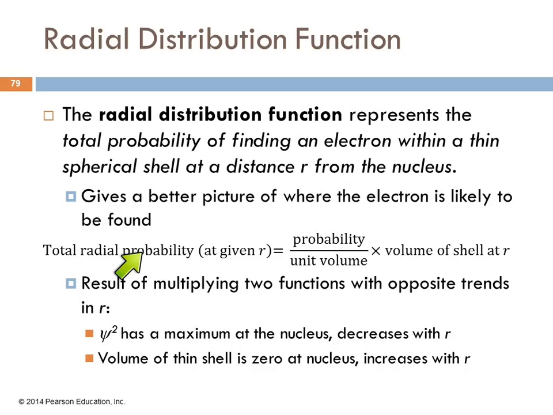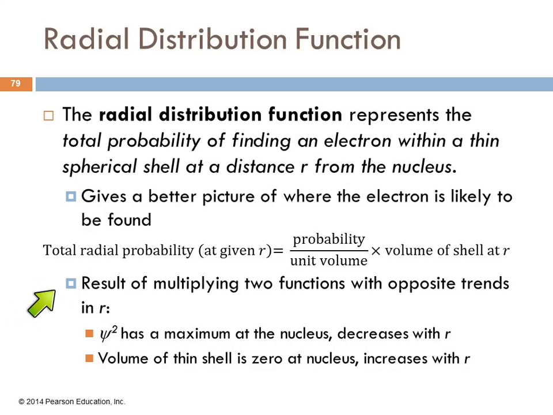The total radial probability at any given distance r from the nucleus is equal to the probability per unit volume, that probability density, times the volume of the shell at that distance r. At the nucleus, r is 0, and so the radial probability is very small. As r gets larger, the radial probability gets larger.